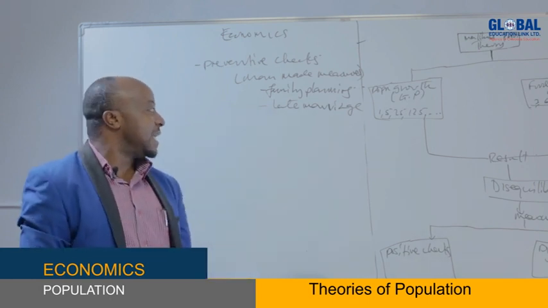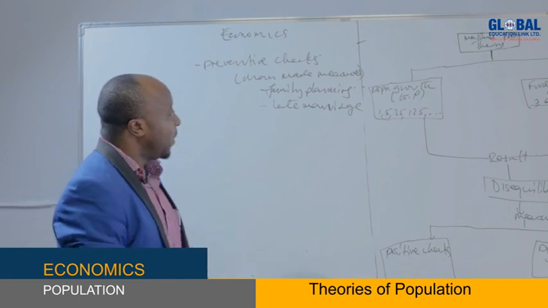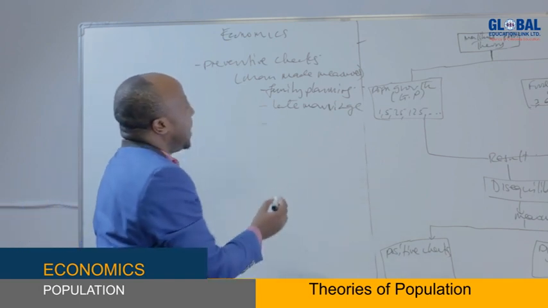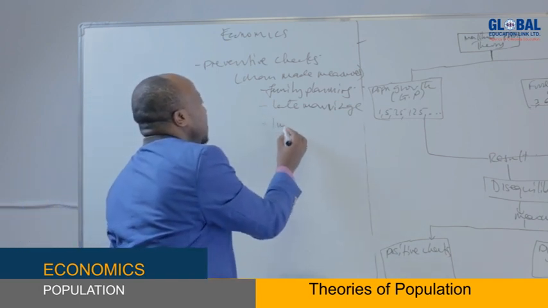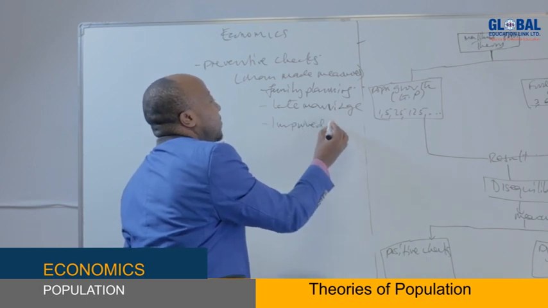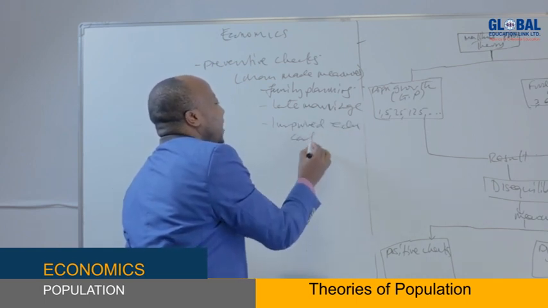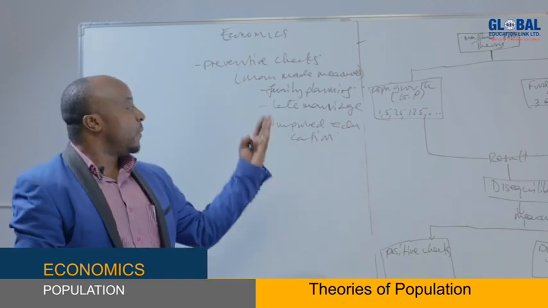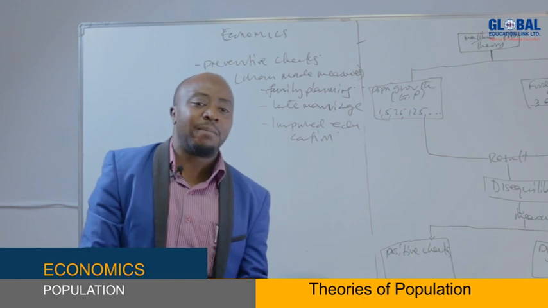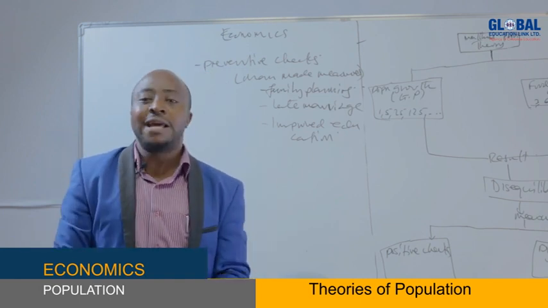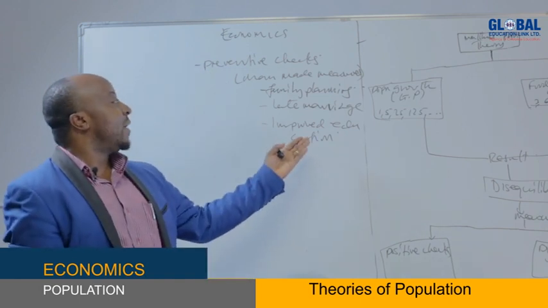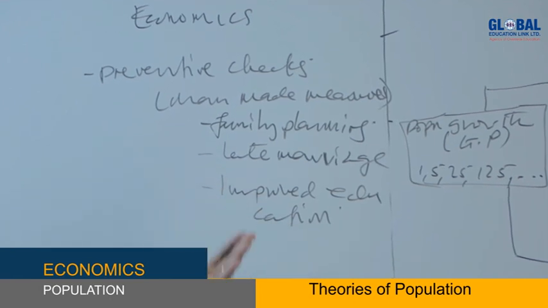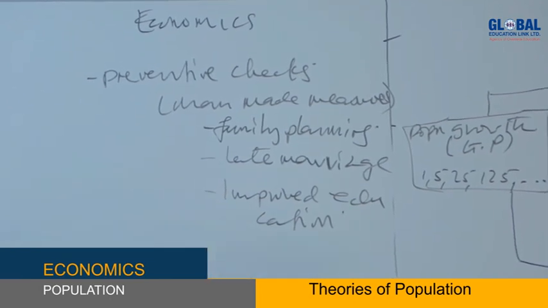That is late marriage. But also, we have a program like improved education. It means there should be proper programs of educating people, educating women especially, such as empowering women, because educated women cannot be used as instruments of multiplying the population.